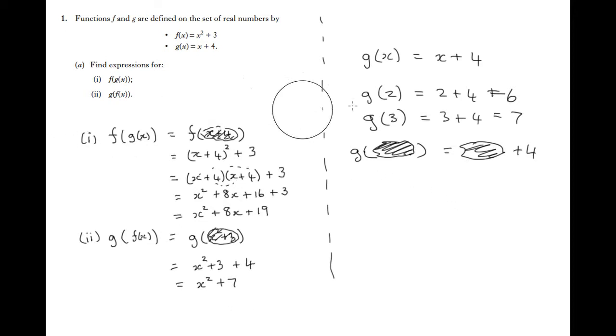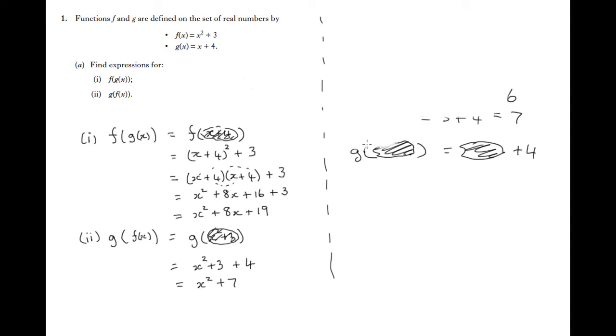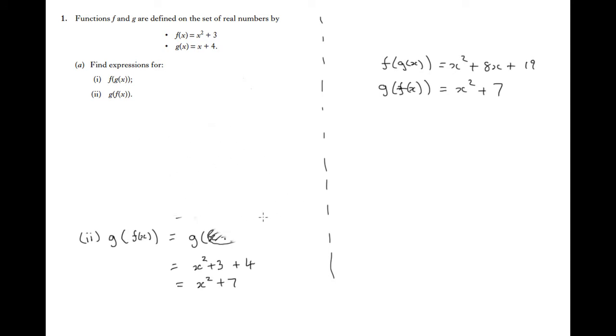So let's prepare for the last bit of this question. Let's wipe all that out and let's copy these answers down. First answer we got was x squared plus 8x plus 19, and the second answer was x squared plus 7. So let's now have a look at the second part of this question.